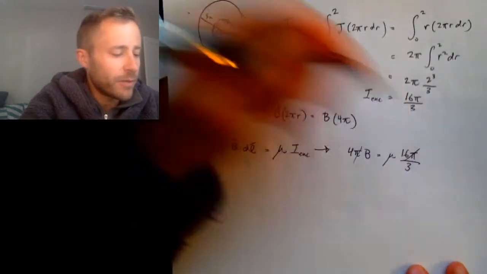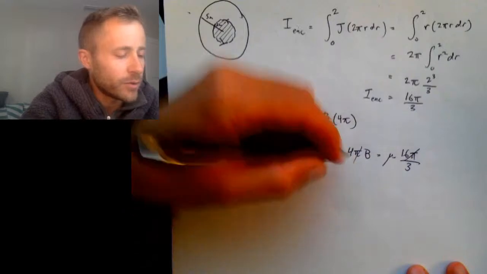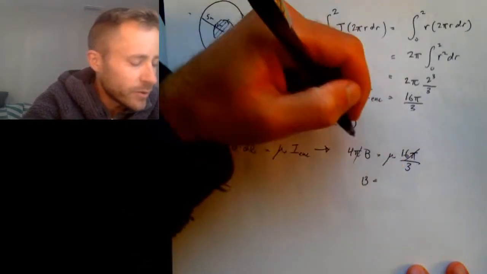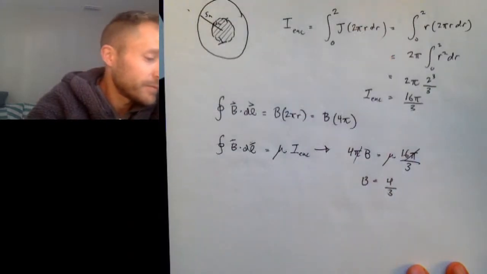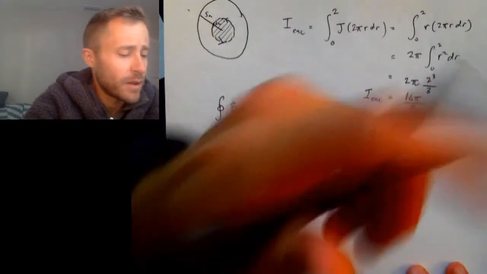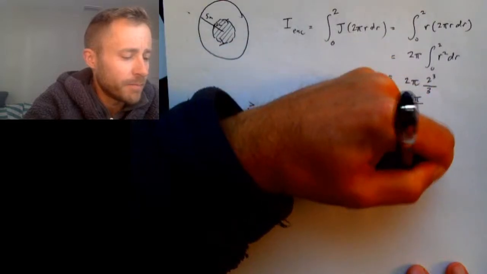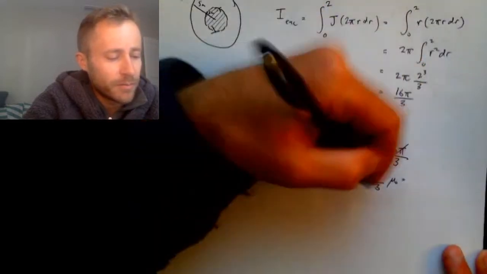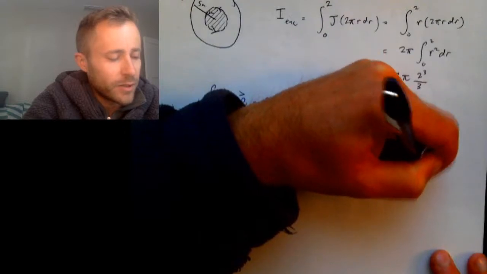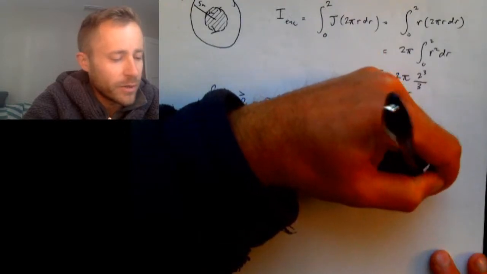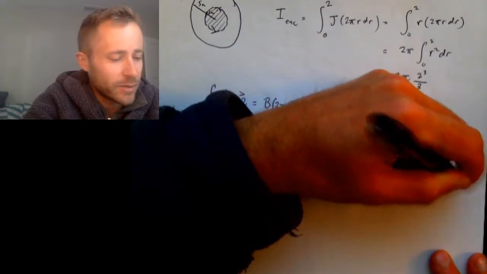Pi cancels out. So it looks like B equals 4/3 mu naught. So that would be 16 pi over 3 times 10 to the minus 7 Tesla.